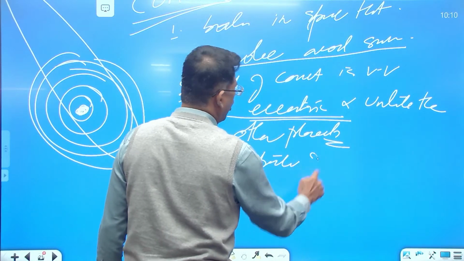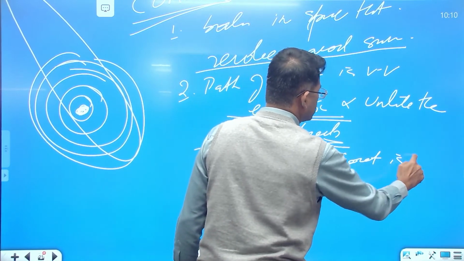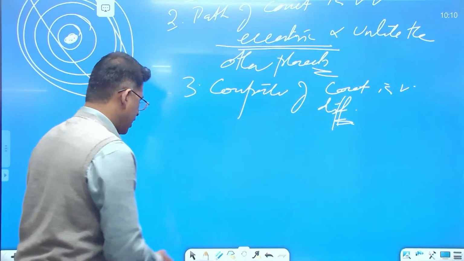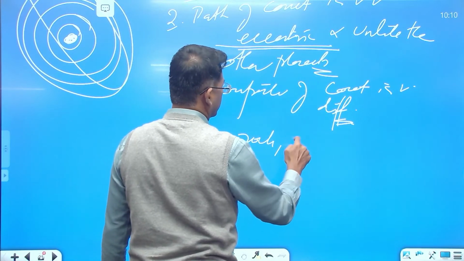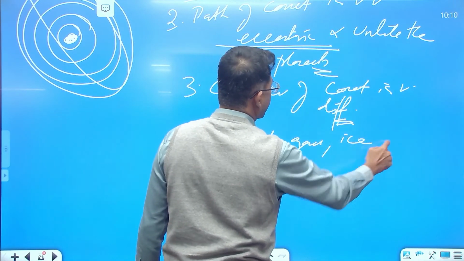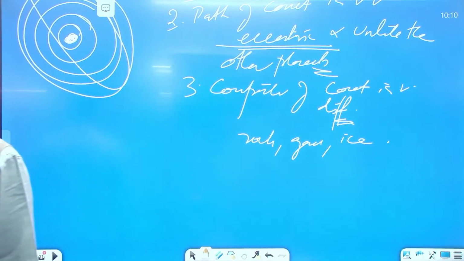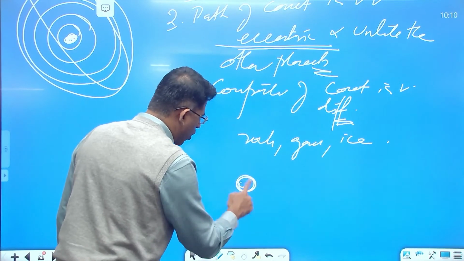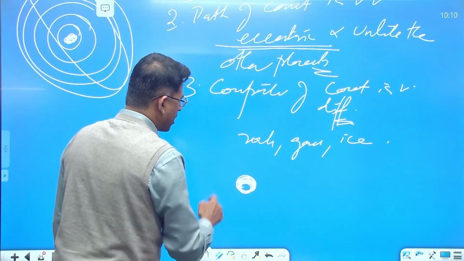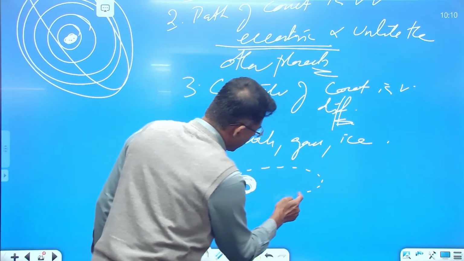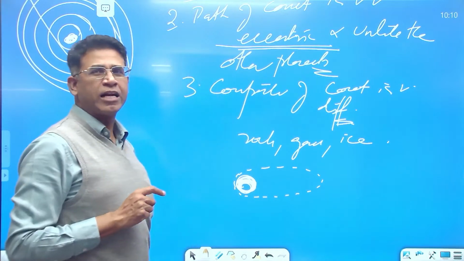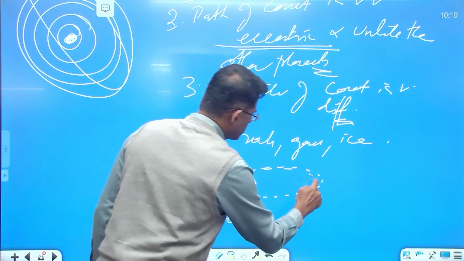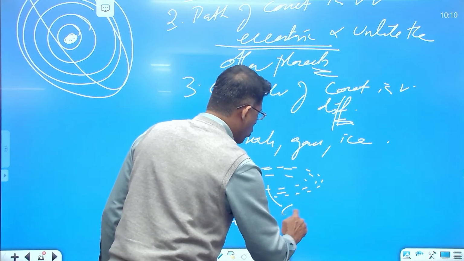The third is the composition. The composition of comets is very different. Okay, they are rocks, they are gases, they are ice. Every comet has a core rock called the nucleus. Around the nucleus, there will be an atmosphere, called the coma, C-O-M-A.